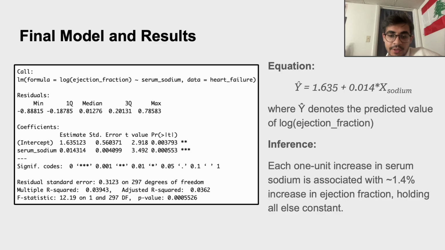It is worth noting that both the intercept and the coefficient of serum sodium are significant in this case, and since ejection fraction, which is the response, is on the log scale, the inference here is that every 1 unit increase in serum sodium is associated with around 1.4% increase in ejection fraction, holding all other variables constant. This is the main takeaway in terms of clinical context here.